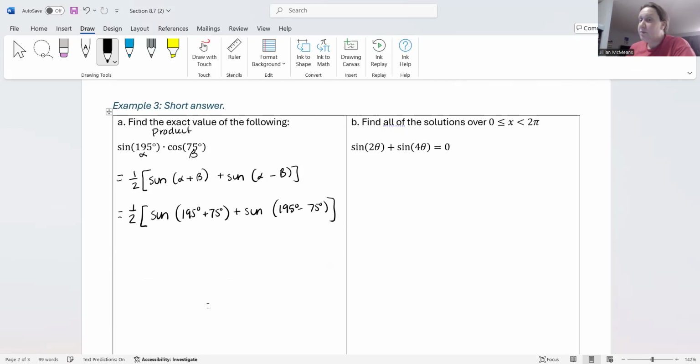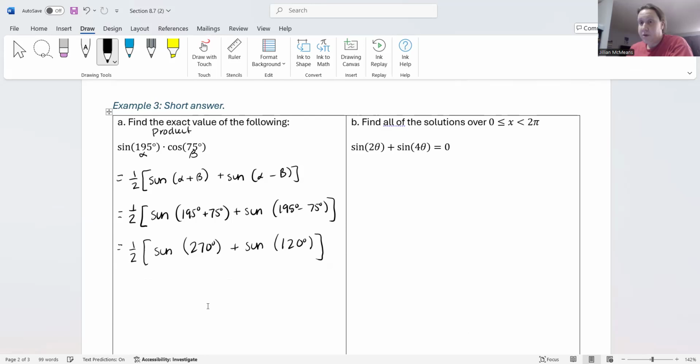This one's going to be a bit more satisfying because we can actually evaluate it. So we get 1/2 times sine of, well, 195 plus 75 is what, 270? And then 195 minus 75 is 120.